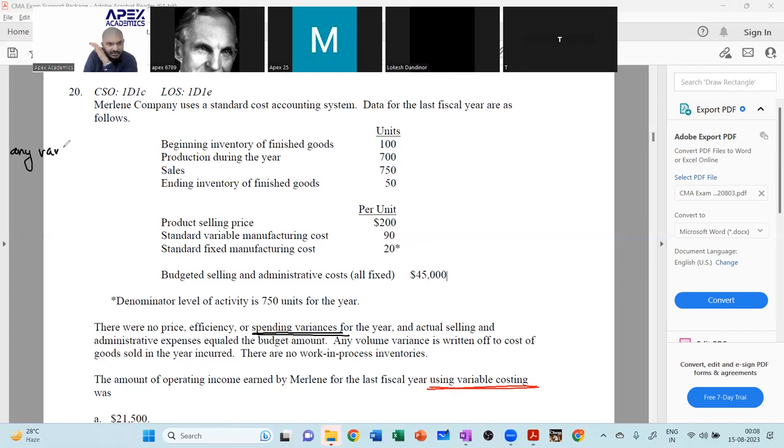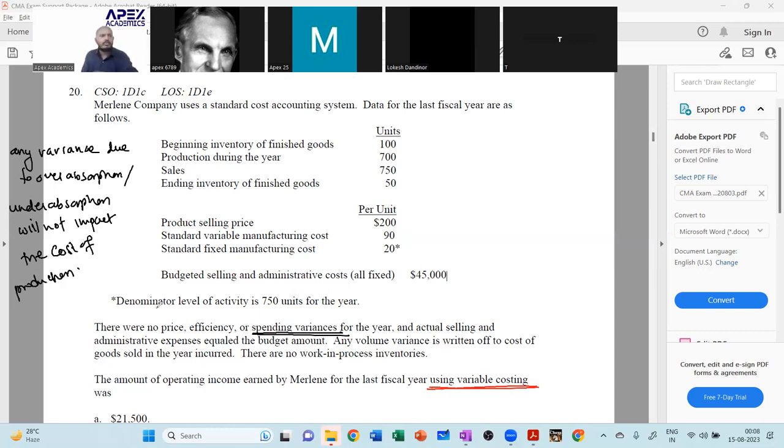Any variance due to overabsorption or underabsorption of fixed overheads will not impact the cost of production.